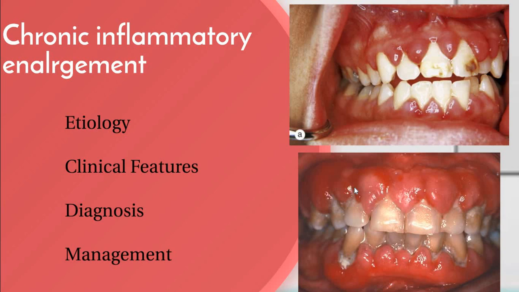Sometimes patients use one side and don't use the other side. The non-functional side will be an area of aggregation of plaque, and chronically it will cause enlargement of gingiva.